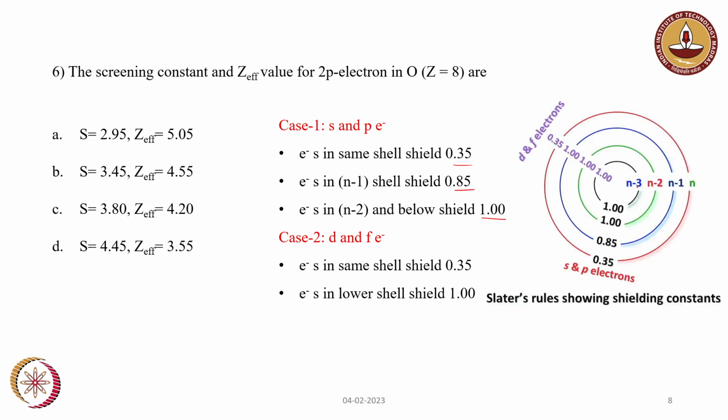Going closer to the nucleus, the shielding constant will increase. Case 2 is for d and f electrons. Electrons in the same shell will shield 0.35, and all the inner shells will shield 1.